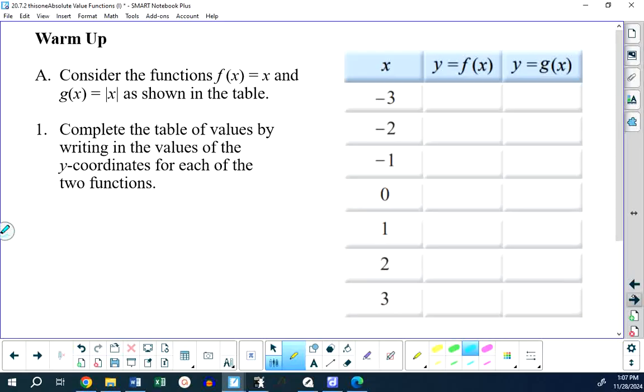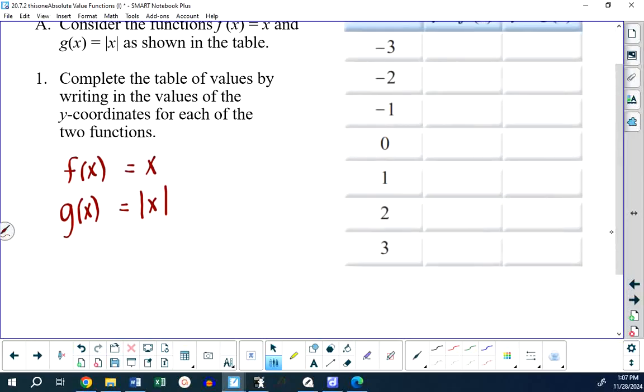I would like you to understand that when I say that we have a function f of x equals x, and then I say g of x is the absolute value of x, what I am saying is that g of x is the absolute value of f of x.